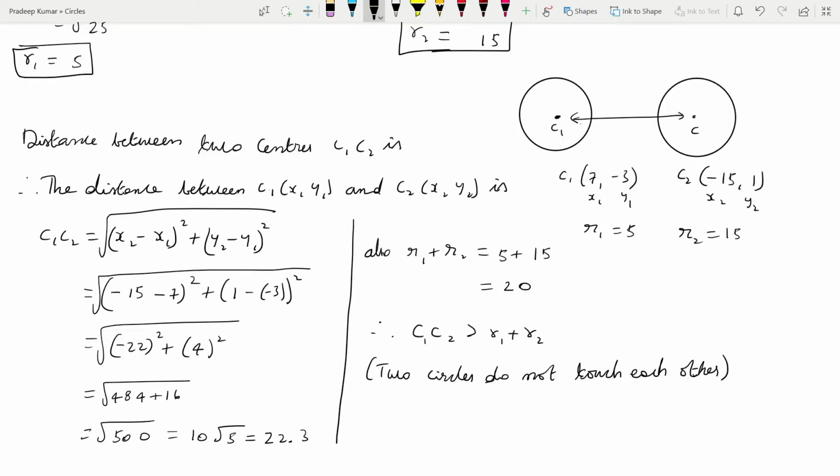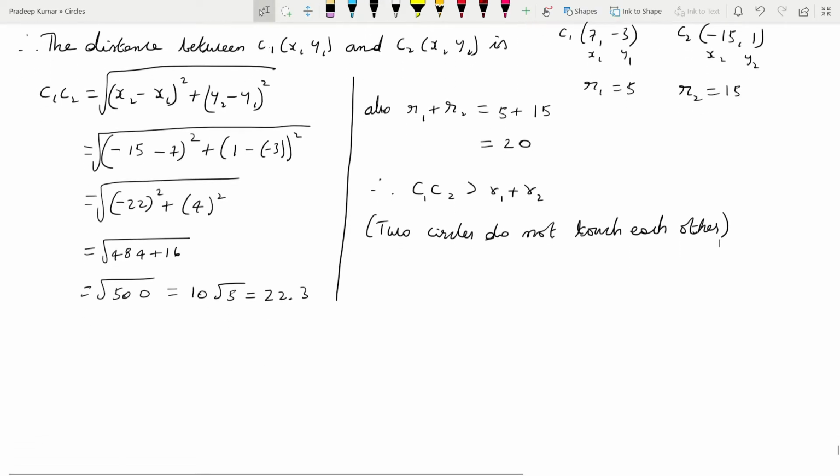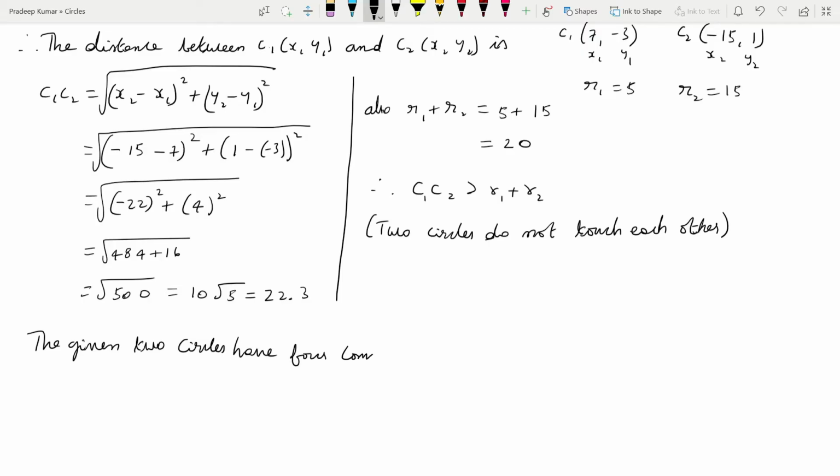We'll now find the common tangents. The given two circles have 4 common tangents.